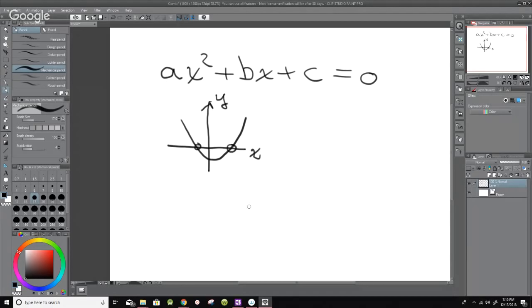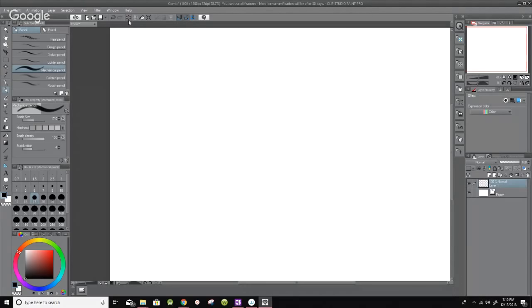So what I'd like to do is go through a couple of ways you can solve an equation or find the roots, however you want to phrase it. Let me clear the page real quick. Let's go through a couple of ways you can do it.